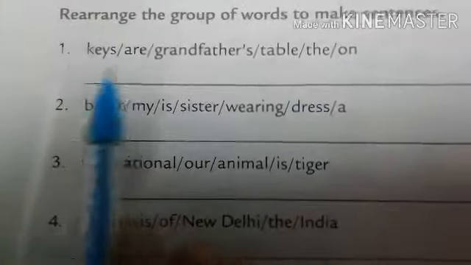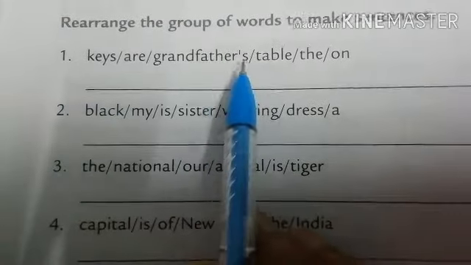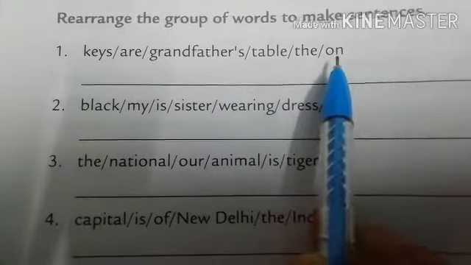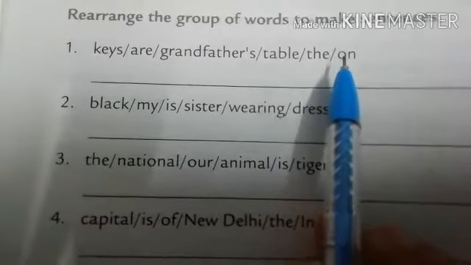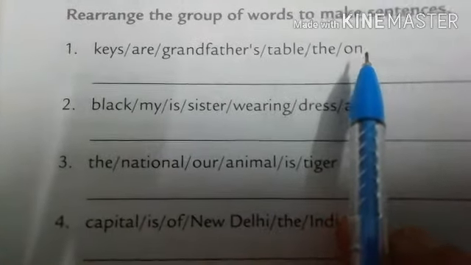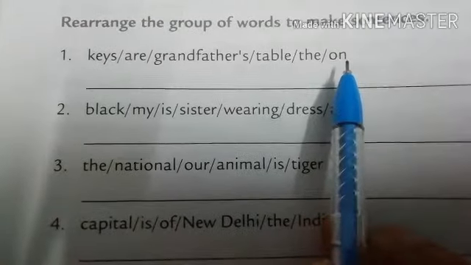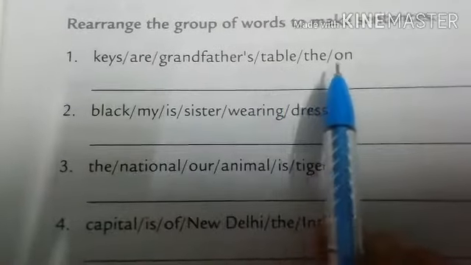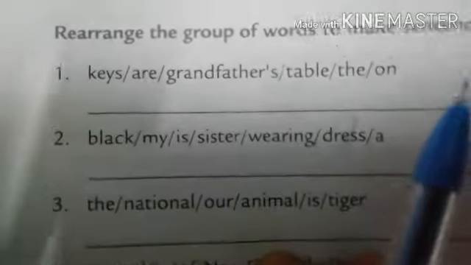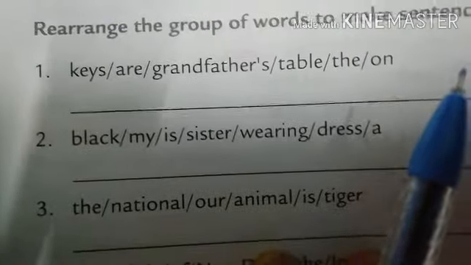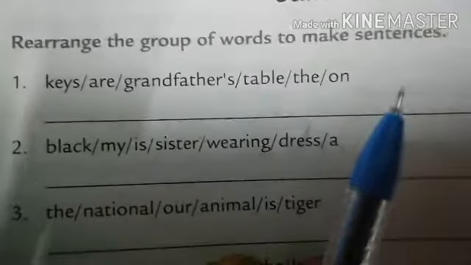Now look at these words: keys, our, grandfather's, table, the, on. This is also a group of words, but this group of words is not giving us any complete sense. So this is not a sentence. Now what you have to do is arrange these words and make a sentence. So this is your homework.